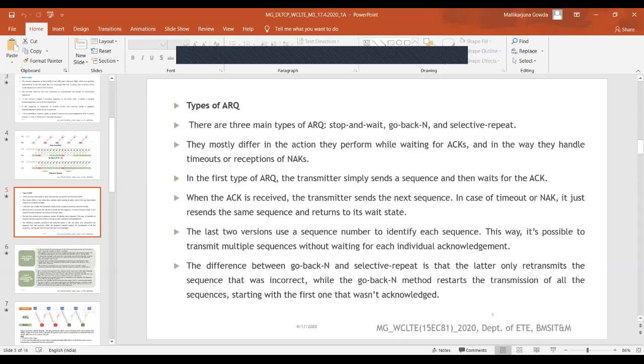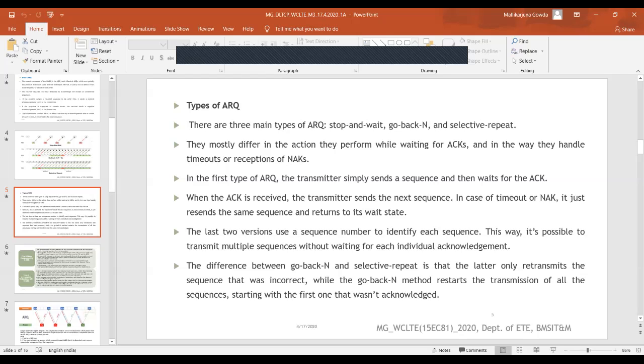In the case of go back N and selective repeat, it is possible to send a sequence of multiple packets without waiting for the individual acknowledgements.